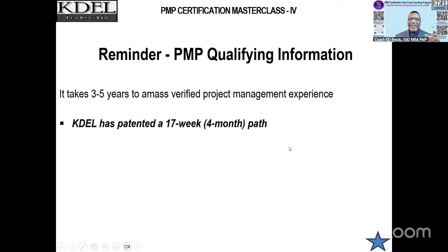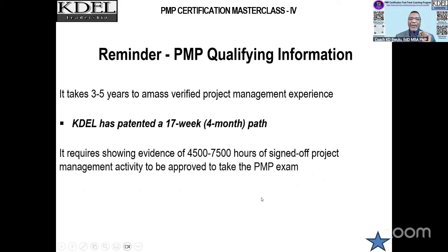All right. The next thing there is for the PMP exam, it requires showing evidence of between 4,500 hours to 7,500 hours, depending on your degree. If you have a 2-year degree, you have to show 7,500 hours. If you have a 4-year degree, you have to show 4,500 hours of signed-off project management activity to be approved to take the PMP exam. That's a tall order.